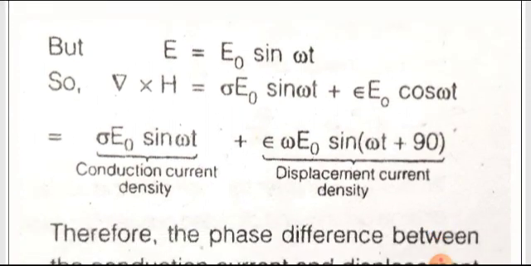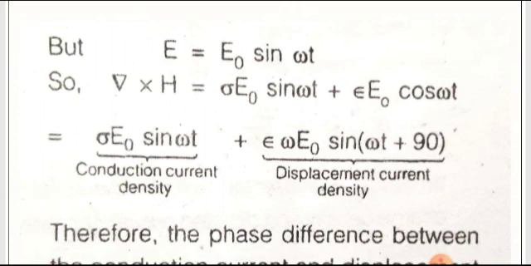Now in the problem, it is given as E is equal to E0 sin omega t. So taking del cross H, it is sigma E0 sin omega t plus epsilon into dou E by dou t. Taking the derivative, we get epsilon omega E0 cos omega t.